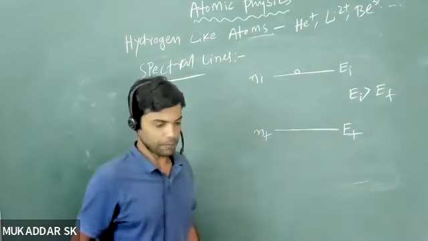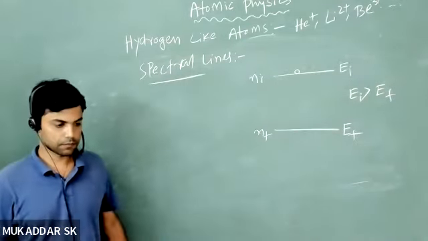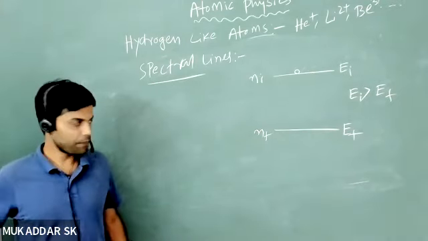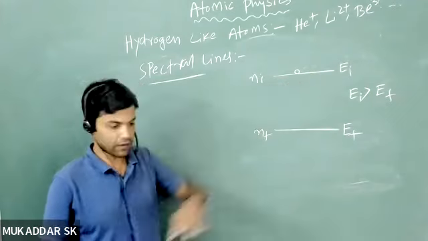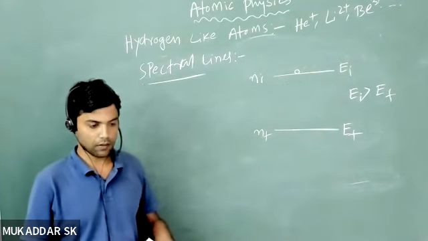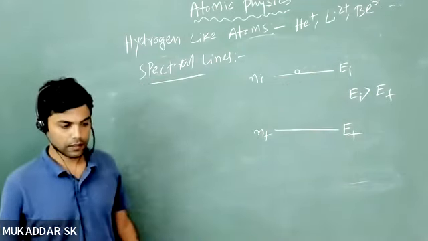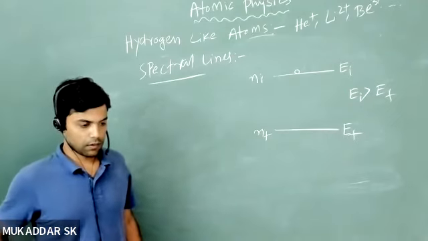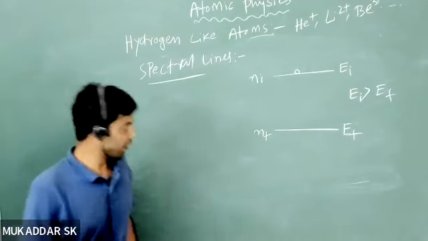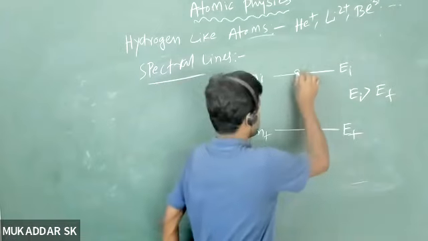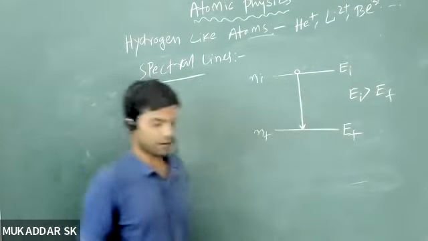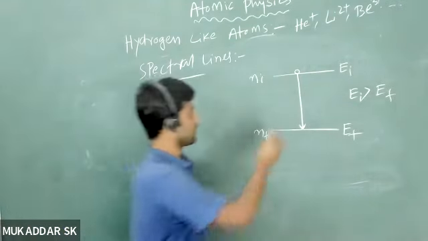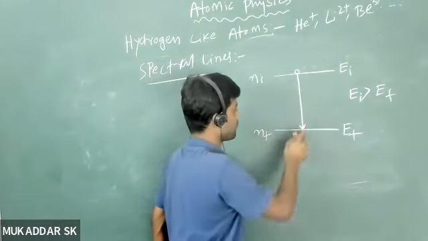Now what will happen? Anyone? So आपका सपोज मान लो इलेक्ट्रॉन एक्साइटेड स्टेट में है तो क्या करेंगे कुछ टाइम बाद? Anyone? Shekhar? It will emit energy and come to ground state. Very good. It will make transition because every system tries to stay in ground state, right? So it will make transition from this state to this state.